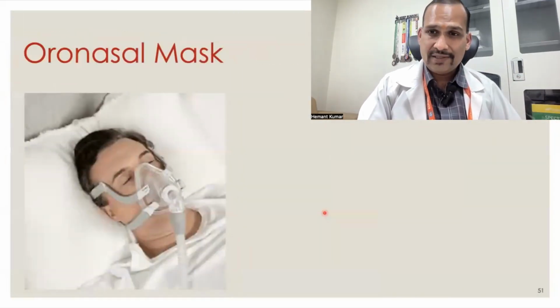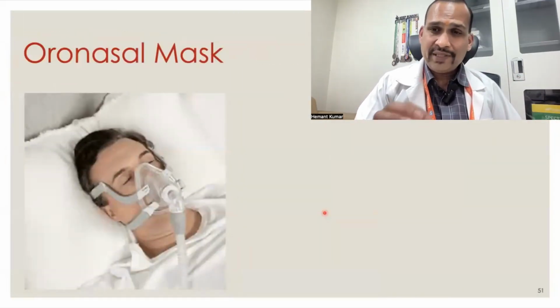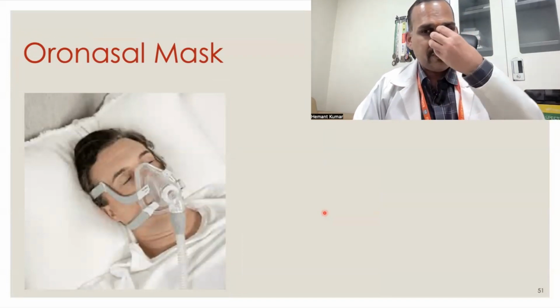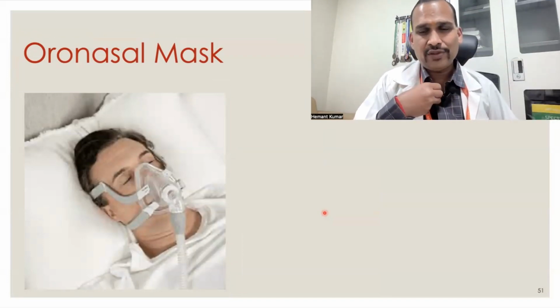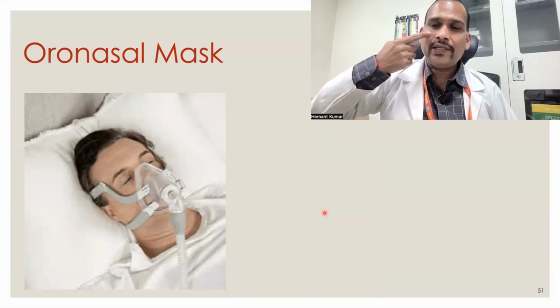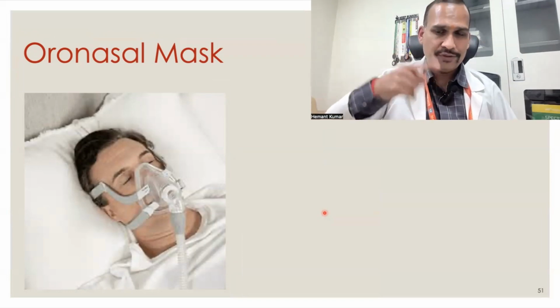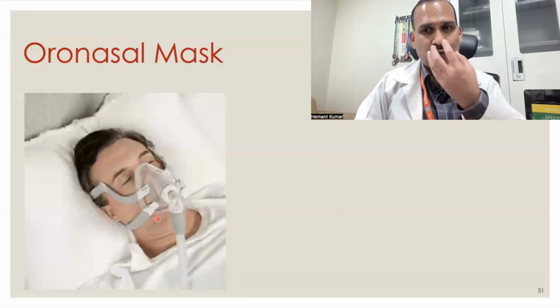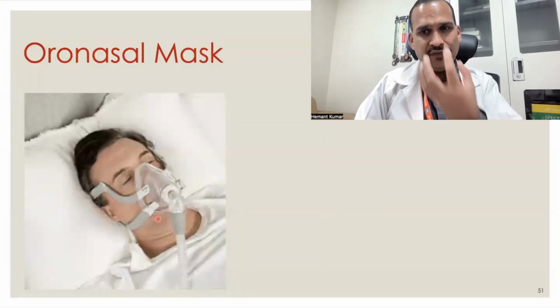Then the oronasal mask. If the patient sleeps with the mouth open, suppose we are giving a nasal mask and the patient opens his mouth, then the pressure given here will leak from the mouth. In that case, we have to give an oronasal mask. It will cover both nose and mouth, so it will give pressure from both sides.